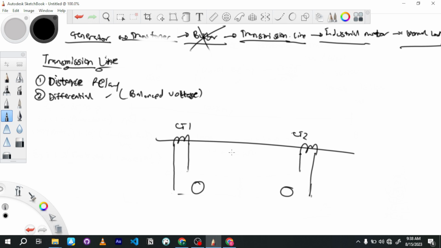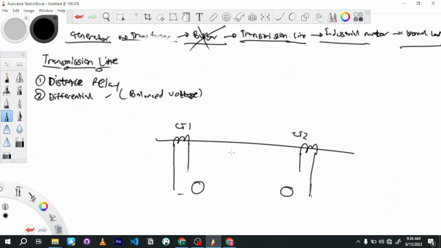You have this leg of the CT connected to this relay, and you have the other end connected like this. You understand? So this is what happens.